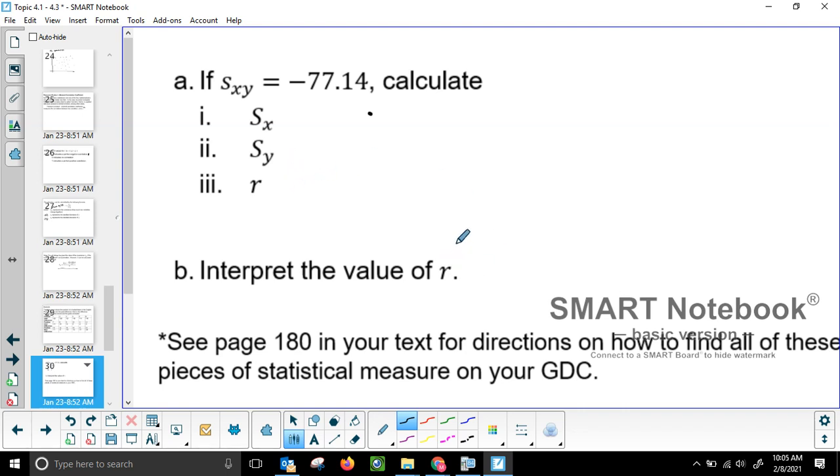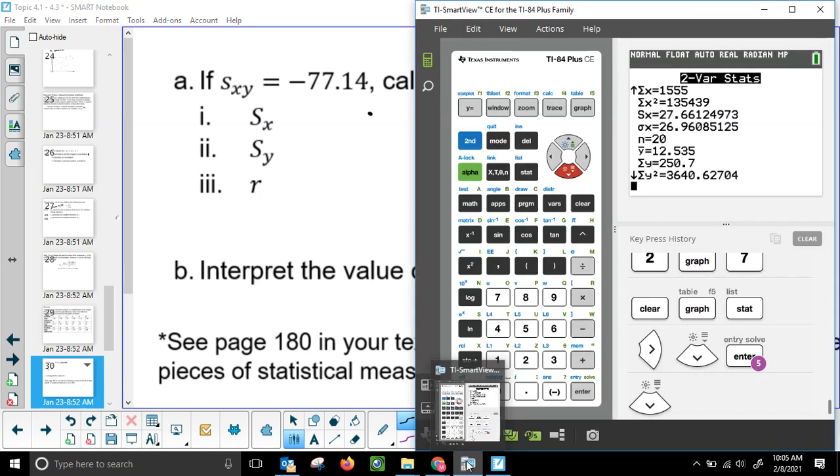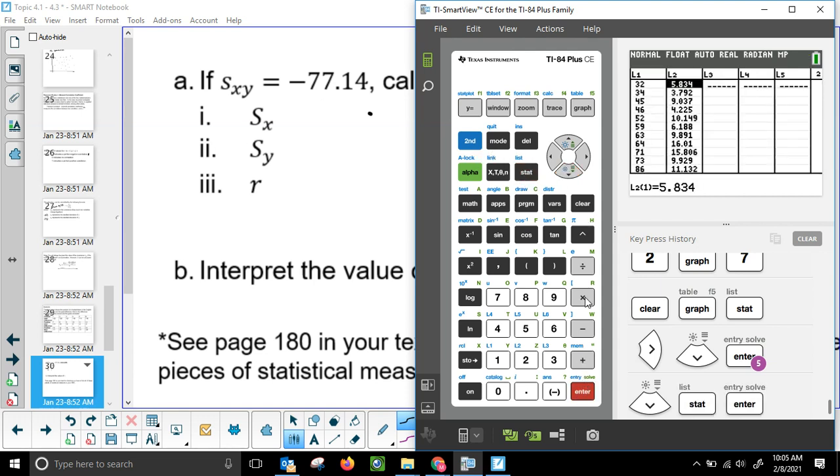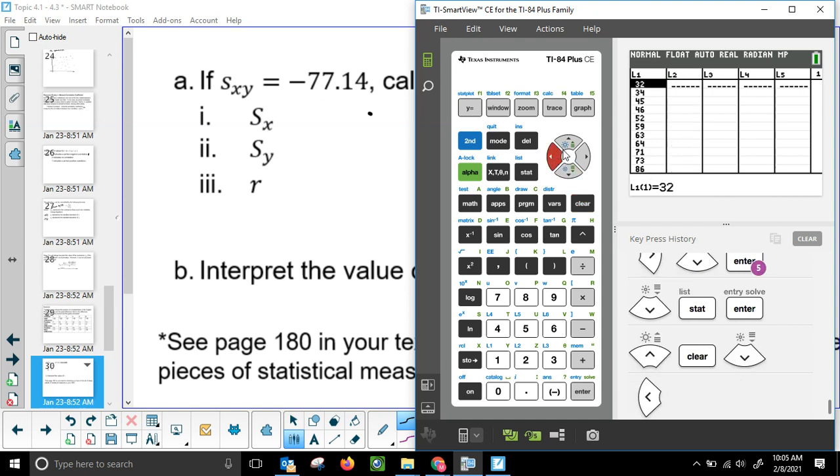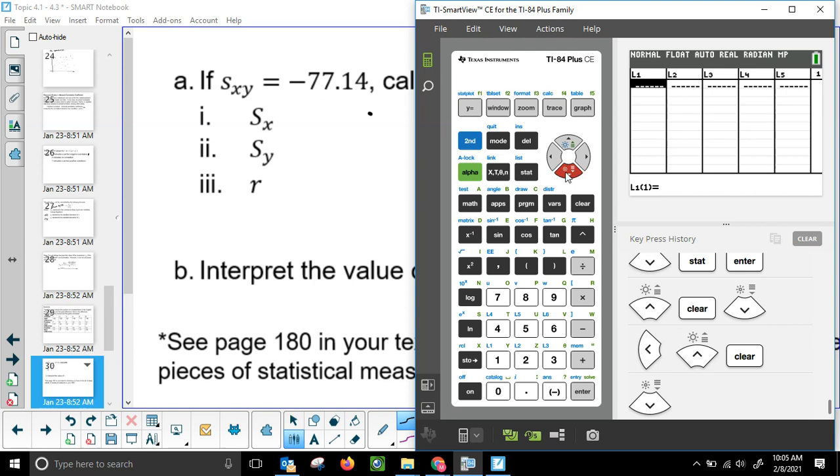Of course, we can use our calculator to find all of these. So let's go to our calculator. We will go to our lists. I'm going to clear these out. Remember, hit clear, never ever delete. Now I can put positions in here.